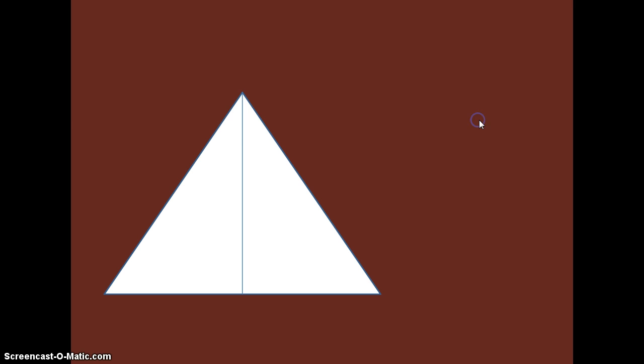Let's go ahead and look at another example. All right, here we have an equilateral triangle where all the sides are the same length. We could say that this is going to be 20 feet, this will be 20 feet, and this will be 20 feet.